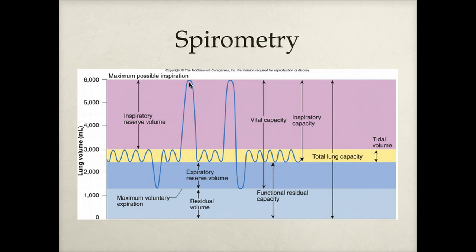So a typical value for that, if you look on the scale here, 3 to 6,000, so that'd be 3,000, is the typical value for inspiratory reserve volume. So you're really working to inhale as much air as possible.